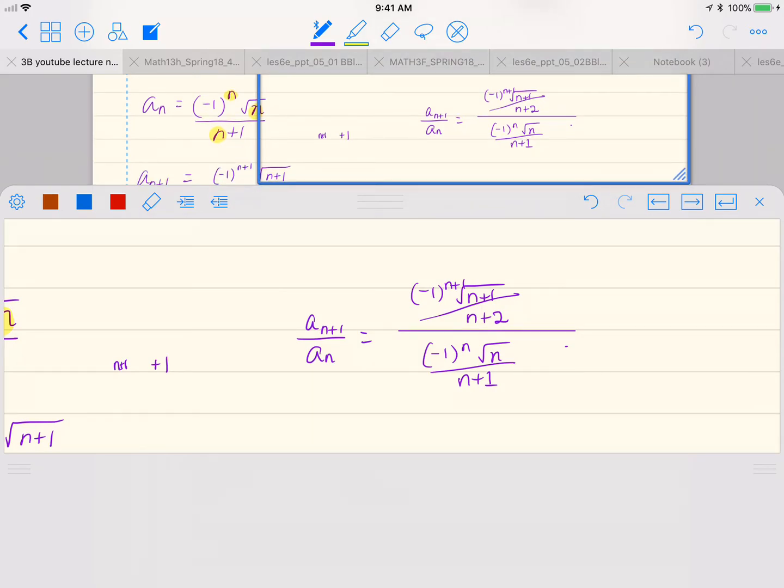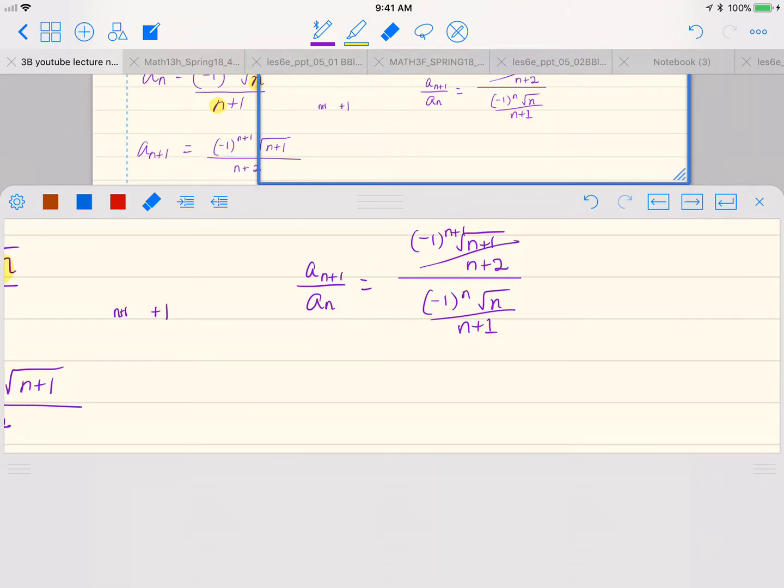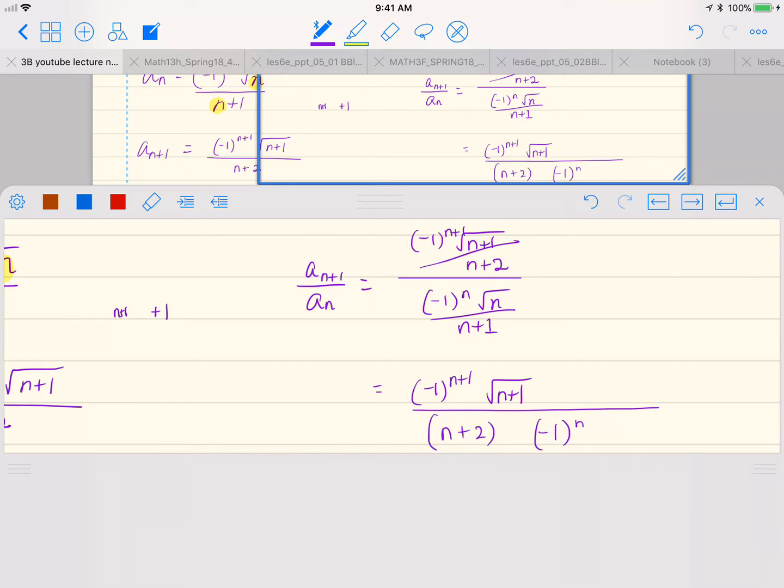And then I can multiply by the reciprocals, and I end up getting negative 1 to the n plus 1 times the square root of n plus 1 divided by n plus 2 times negative 1 to the n times the square root of n.